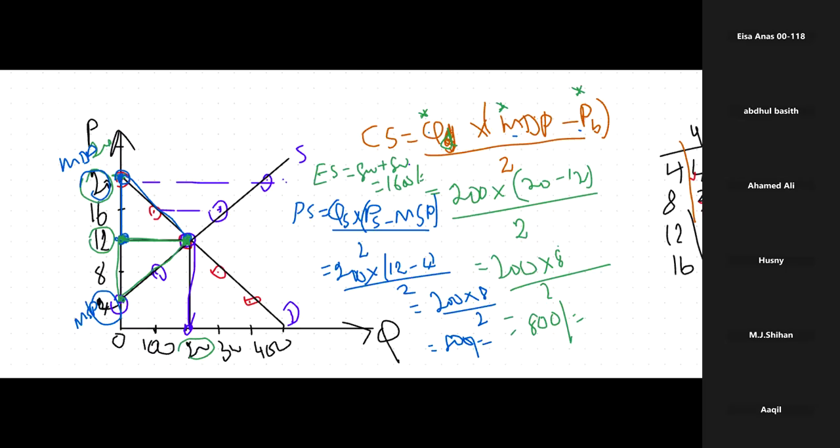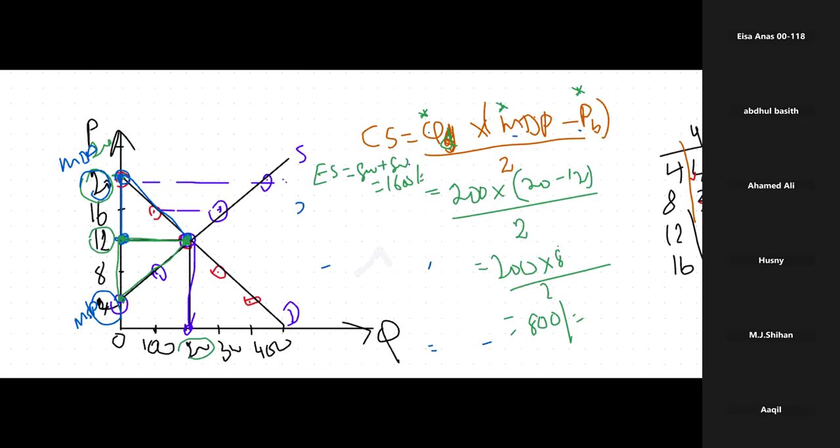If the price is fixed at rupees 16, calculate the excess supply and excess supply price. Right. It is another very important part in the past papers. In this question, the market equilibrium price is 12.